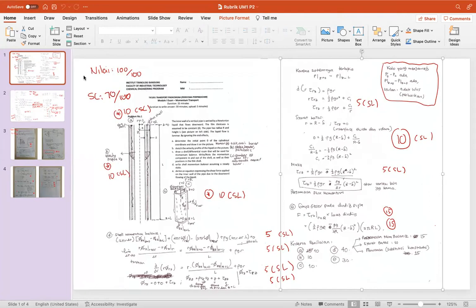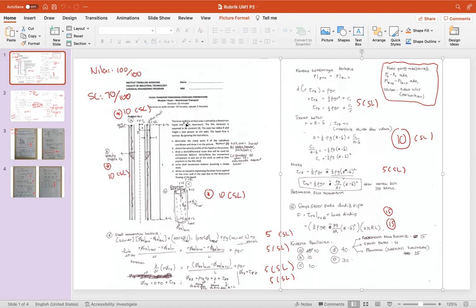And then there is the passing limit, which is syarat lulus, and it is 70 up to 100. Usually the syarat lulus should be until part D.